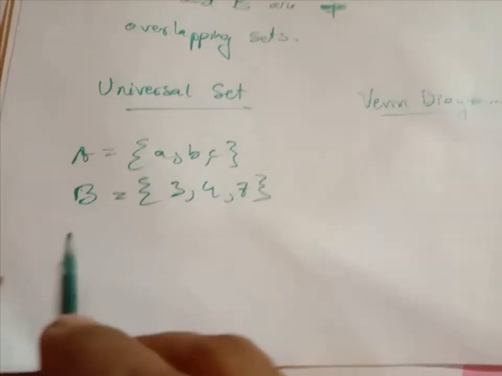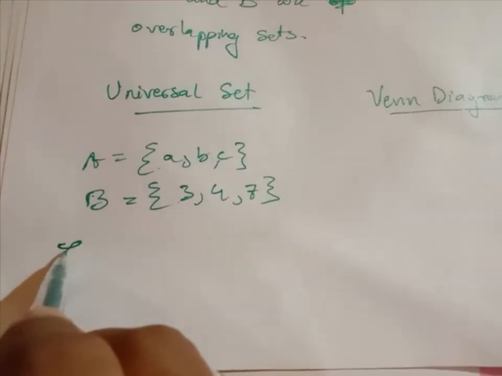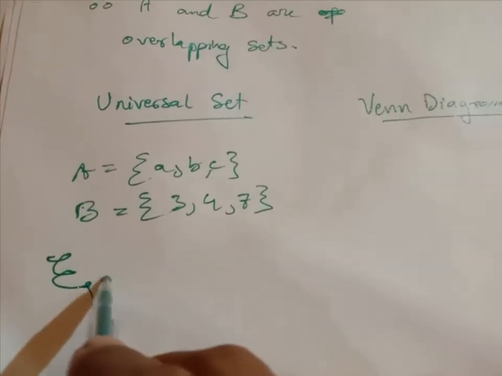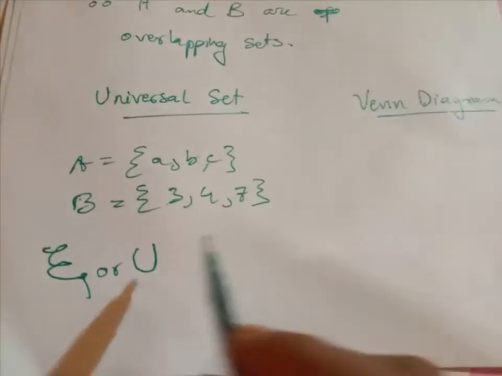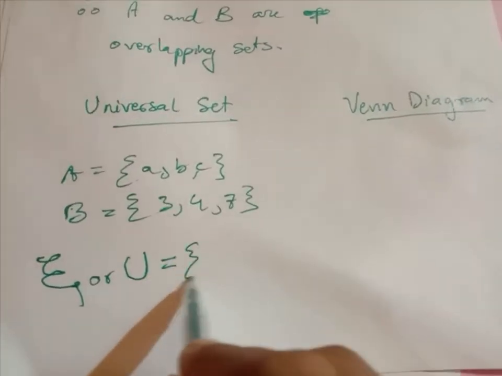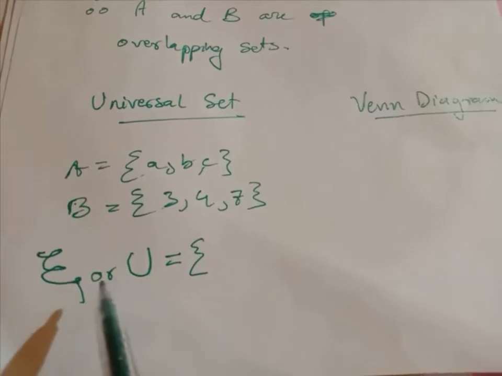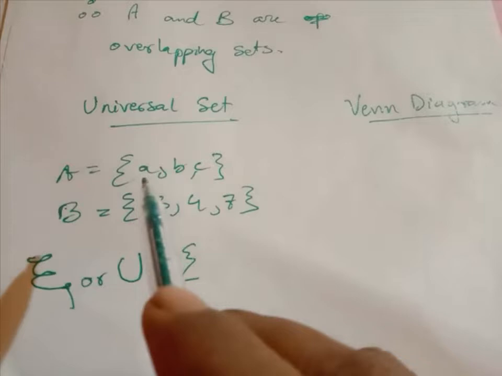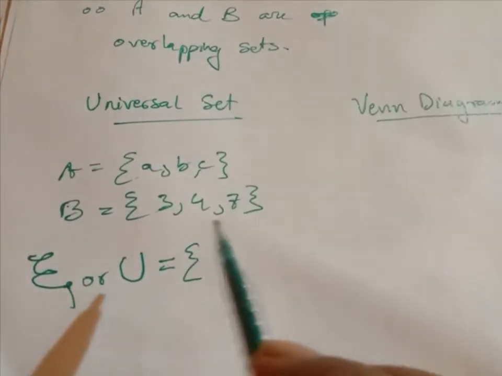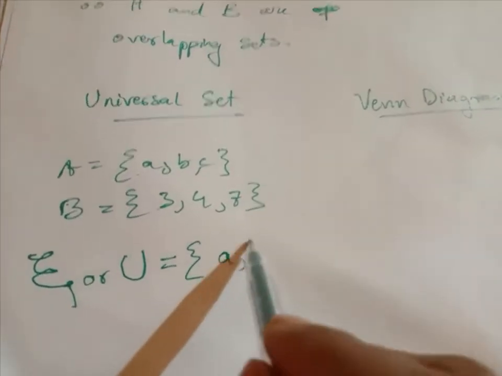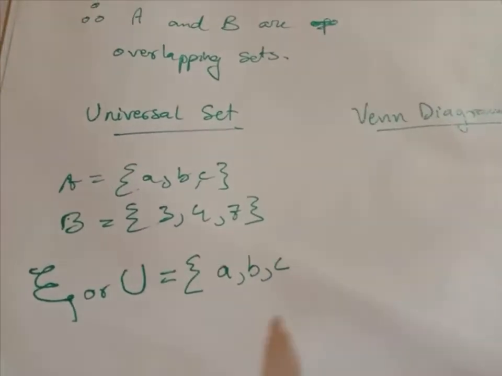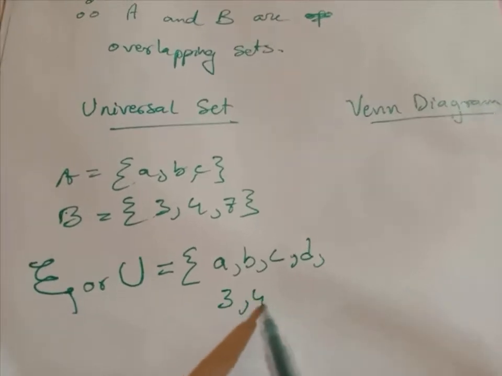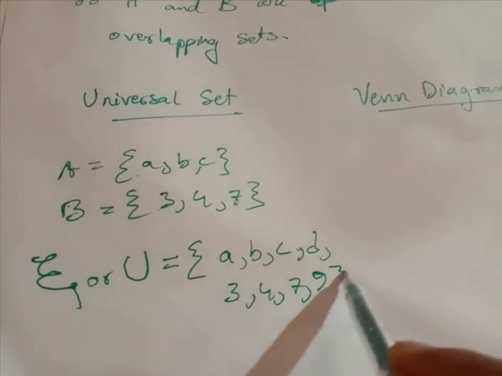Now a universal set is represented by either this symbol or a capital U. If this is a universal set over A and B, then it will contain all the elements of A and all the elements of B. That means A, B, C, 3, 4, 7. It can contain more elements also, D, 9, let us say.